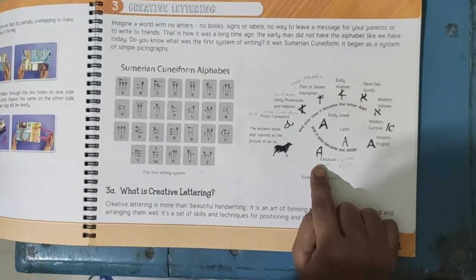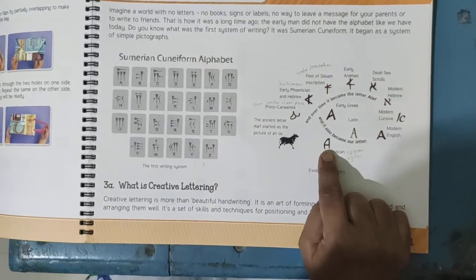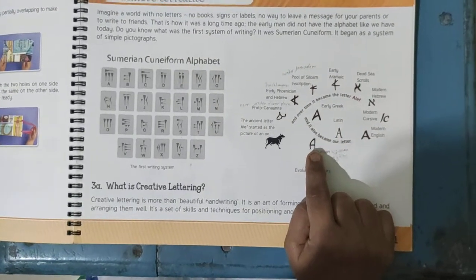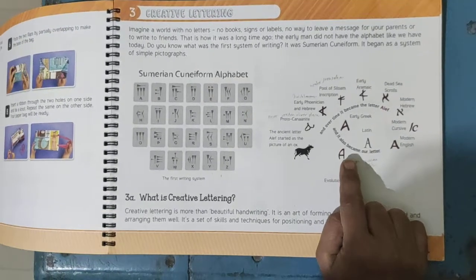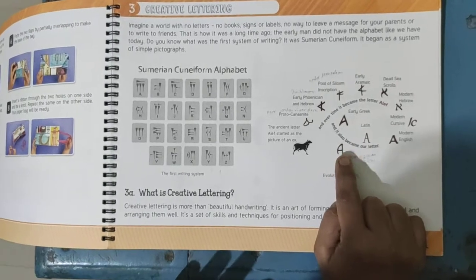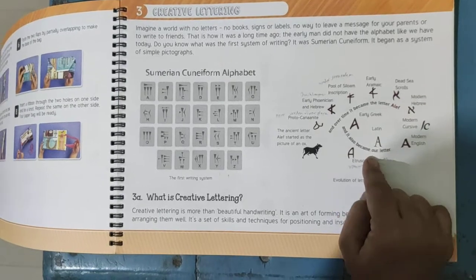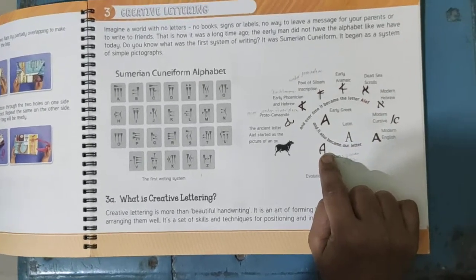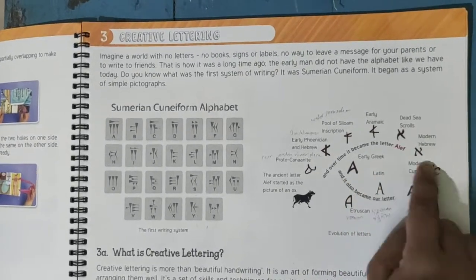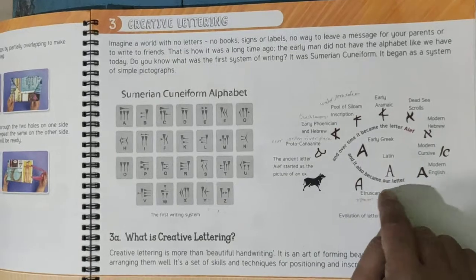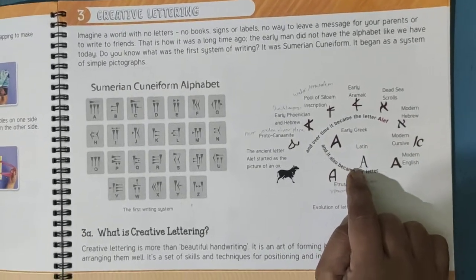We consider this letter. Watch this A. Etruscan. This type of lettering was usually used in the country of Etruria, so Etruscan people used this Etruscan lettering. Roman people used this type of lettering. So these five are all modern lettering alphabets used in particular areas of the world.